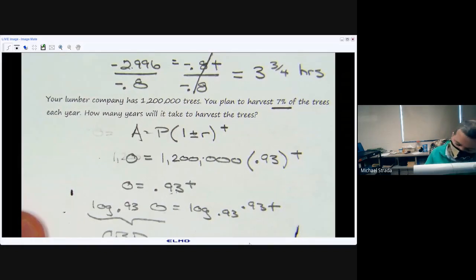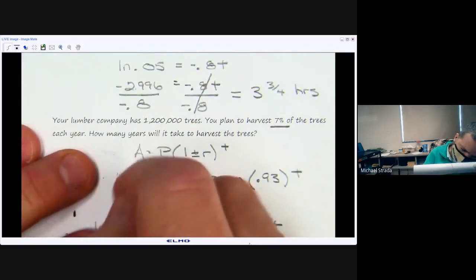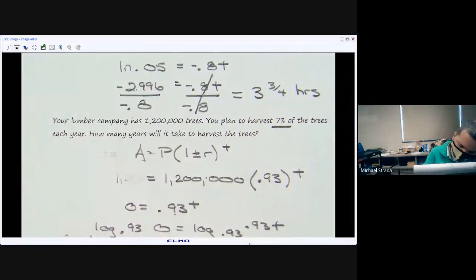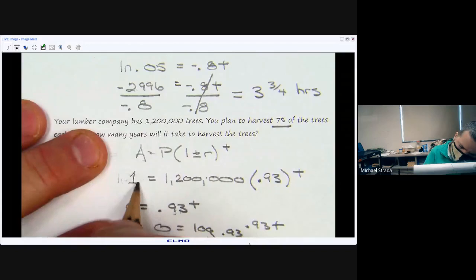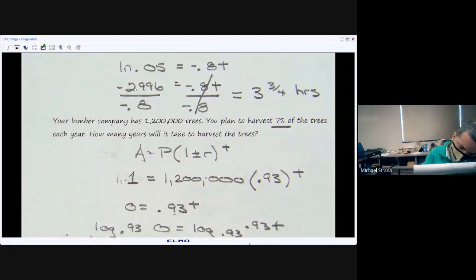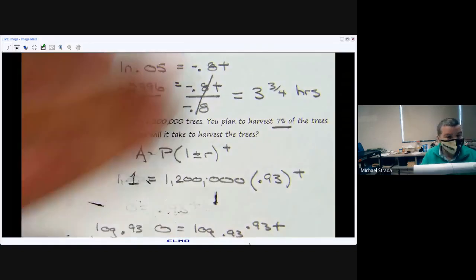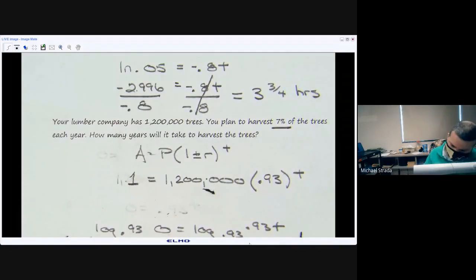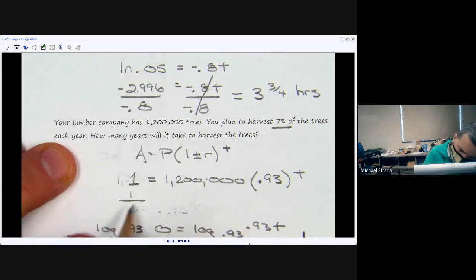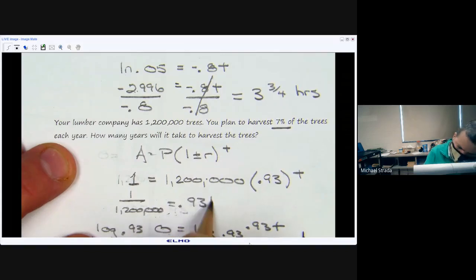All right. So my suggestion is if you get a problem like this, instead of making that 0, make it 1. All right. So 1 over 1,200,000 equals 0.93 to the t.